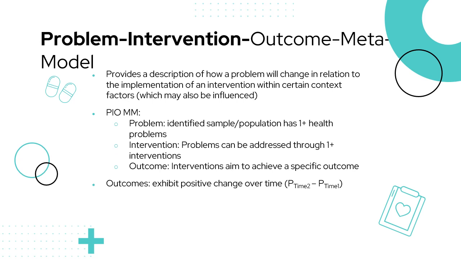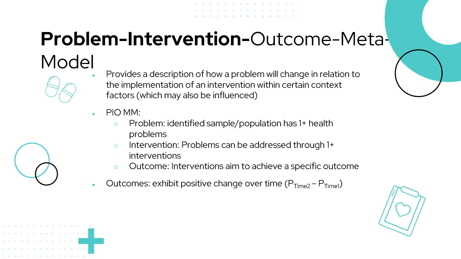So what the problem intervention outcome meta model provides is a description of how a problem will change in relation to the implementation or introduction of an intervention within certain contextual factors. For example, if I'm looking at something like infection control in long-term care, and I'm implementing a hand hygiene intervention, I might be putting up different material around that long-term care home to educate the staff in the home or give them that friendly reminder of, hey, practice proper hand hygiene.